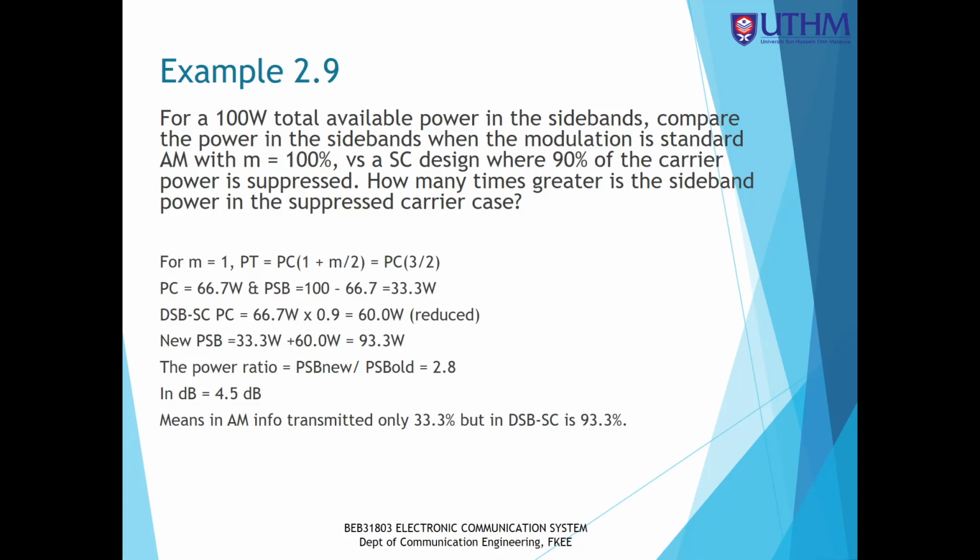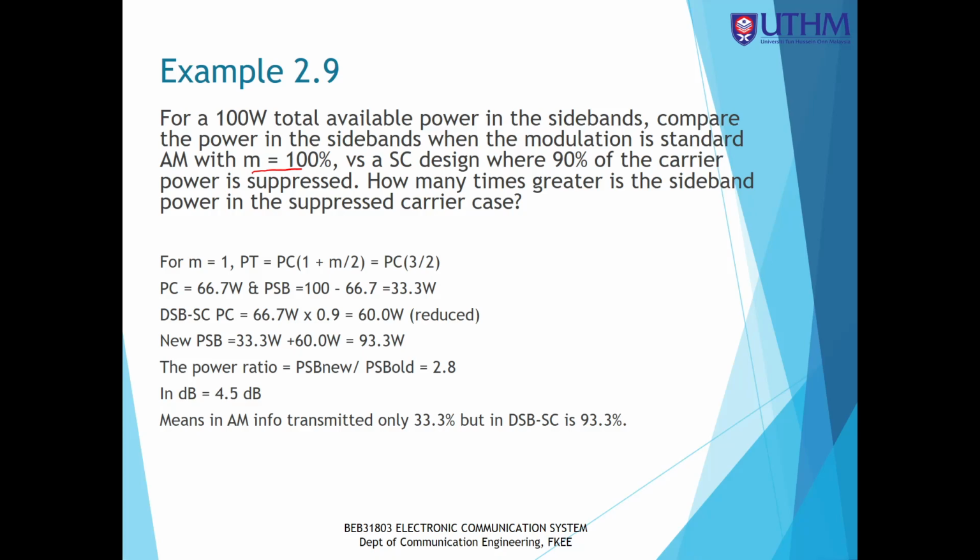In the first question, we need to compare between 100% double sideband full carrier, and another one, a suppressed carrier where 90% of the carrier from the double sideband full carrier is suppressed.